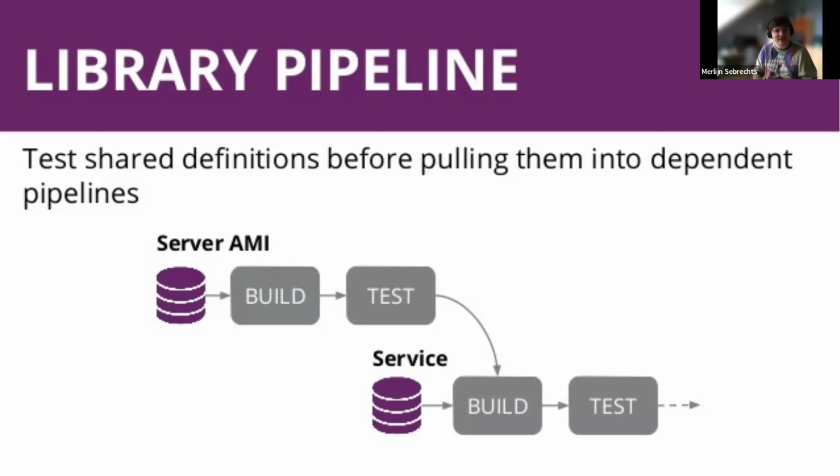You might recognize that this is not unique to infrastructure code. This is actually very common for regular code too. If you have shared libraries inside of your company, shared development libraries, JavaScript libraries, you have the exact same issue and you can solve it using the exact same methodology.